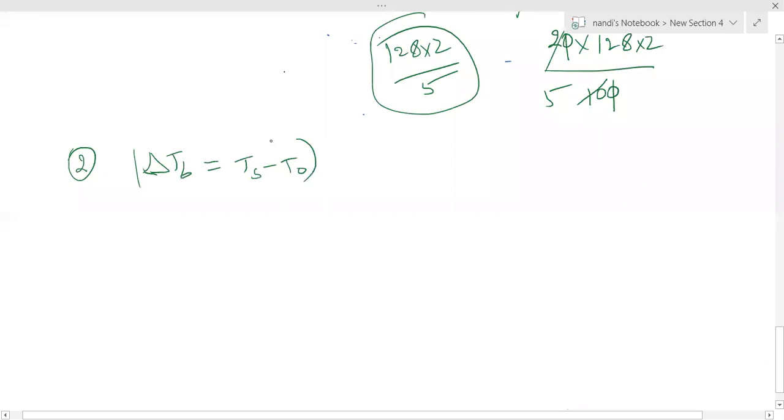Please write it: elevation in boiling point.